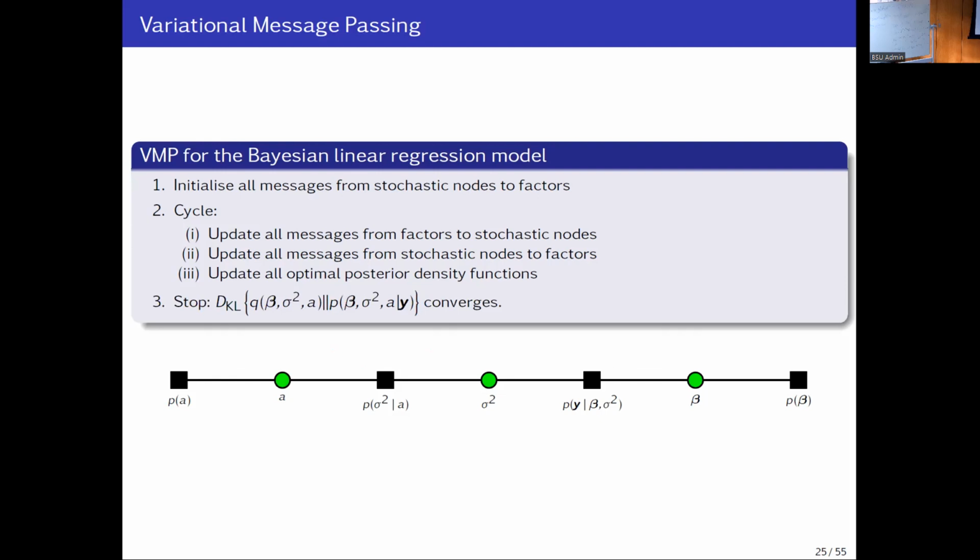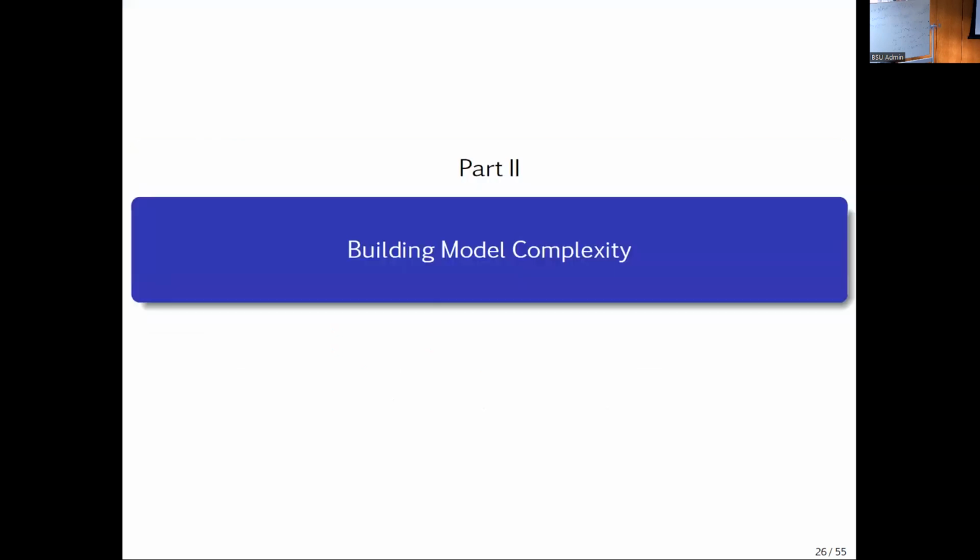But at this point, this seems like a very inefficient way of doing variational inference. The amount of work we had to do just to get one message up there was quite tedious. But you'll see that what we can do now is build some seriously good model complexity based on these structures that we've already defined.